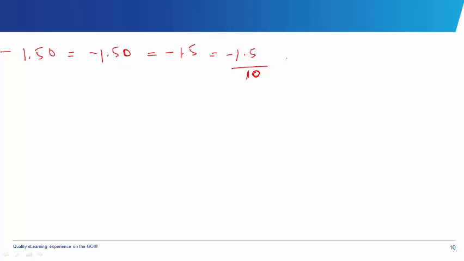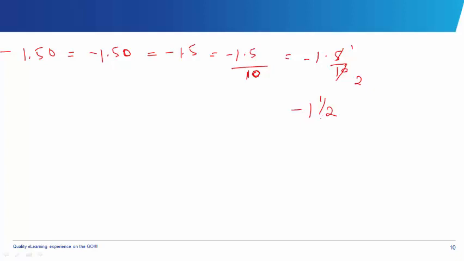Now we now have minus 15 over 10, which is same thing as, when you cancel this, 5 into 10 will give you 2 here. So that's same thing as saying minus 1 1 over 2.